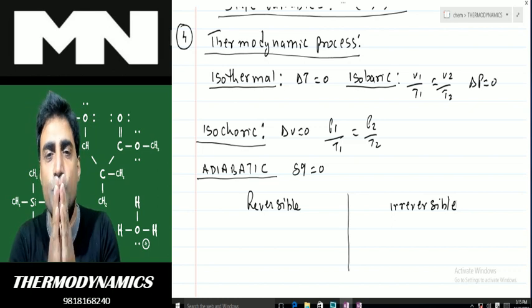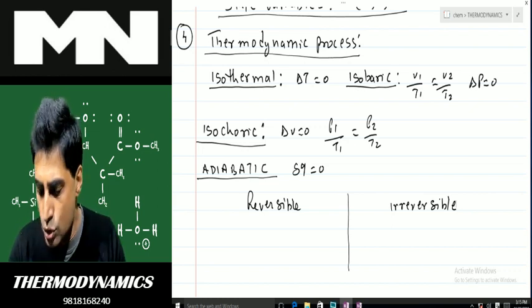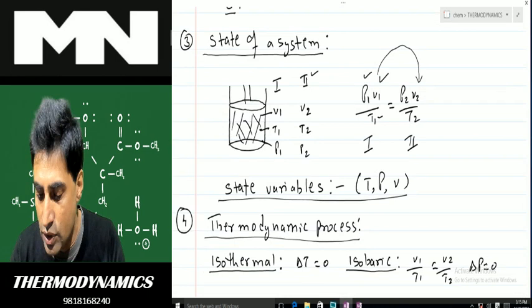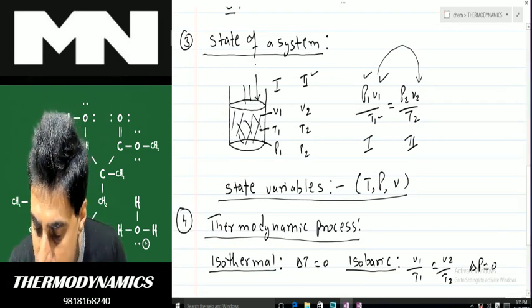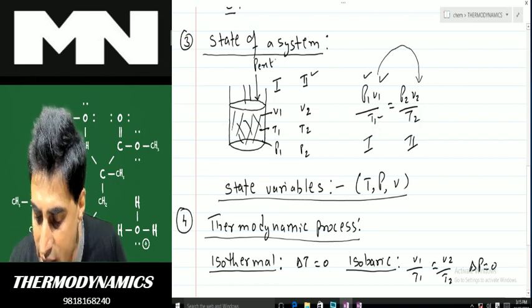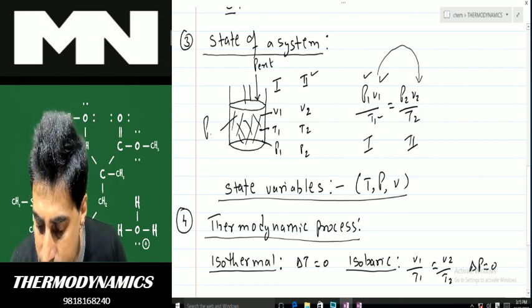In that case, if both the forces are nearly equal, the thermodynamic process will occur in both directions. Suppose I have a gas in a cylinder, and the external atmospheric pressure is nearly equal to the internal pressure.